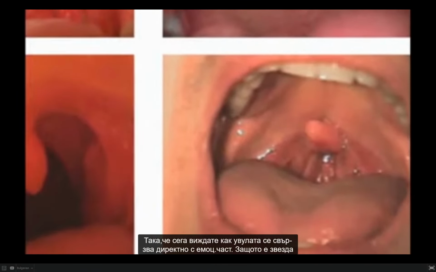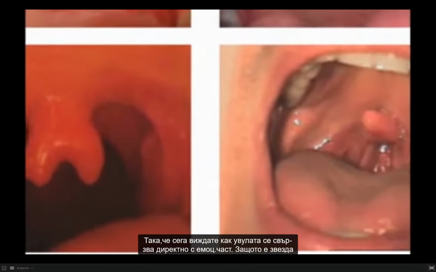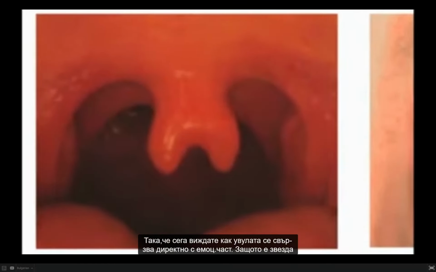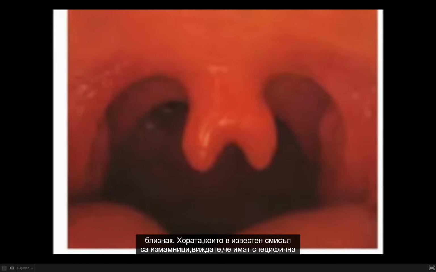So now you see how uvula connected directly into the emotional part because it's a twin star. People who are in a way deceitful, you see they have a specific shape of uvula because this shows the pattern of their emotion.